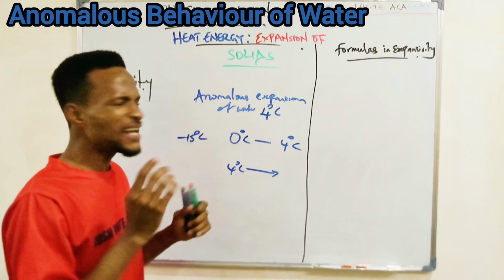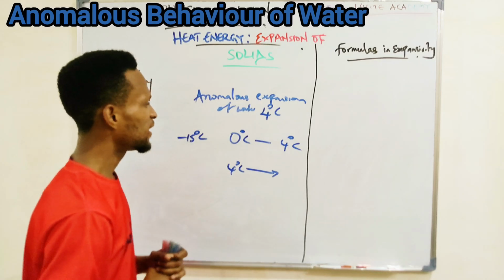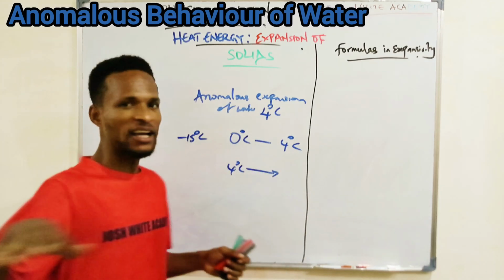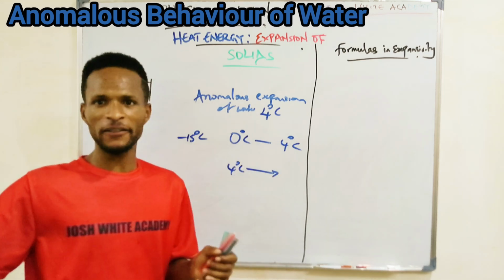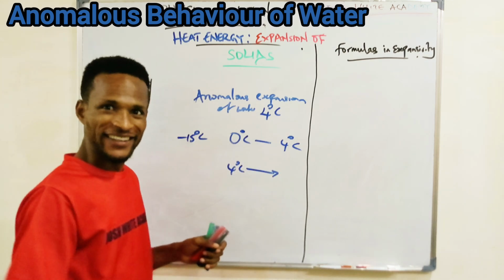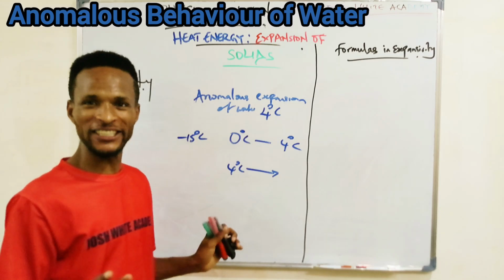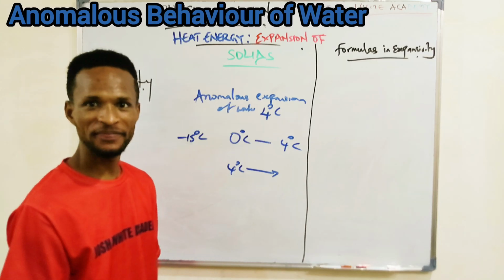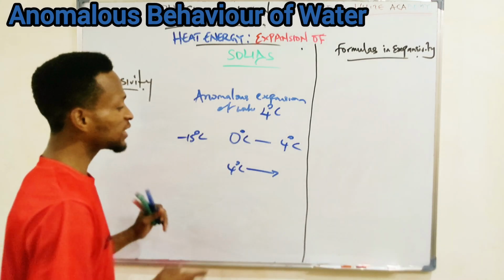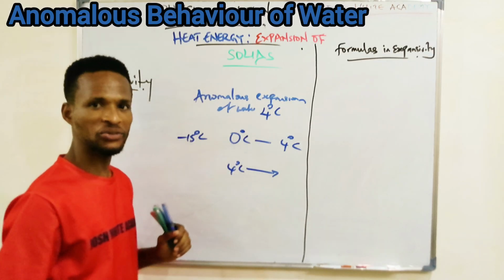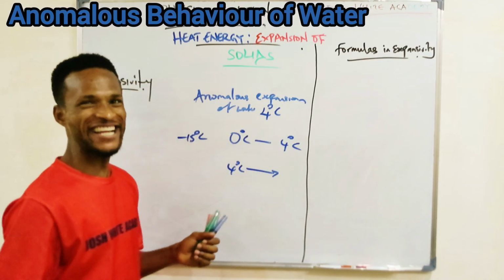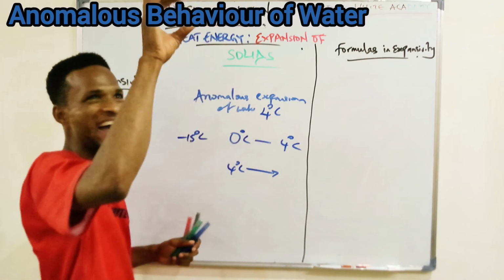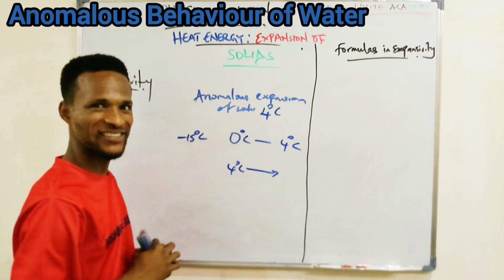And that's the reason why you will see in polar regions, the sea or lakes are already iced over, whereas the deeper part of the water is still liquid and it gives way for aquatic life to still live. It's because when water is cooled below 4 degrees Celsius, it becomes lighter and then goes up, forming ice at 0 degrees Celsius.